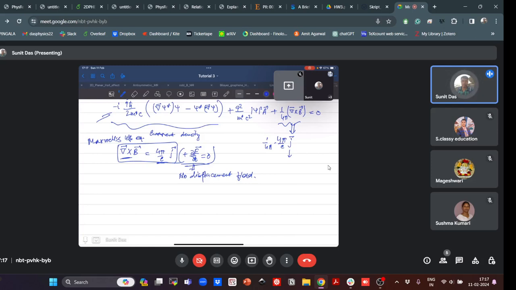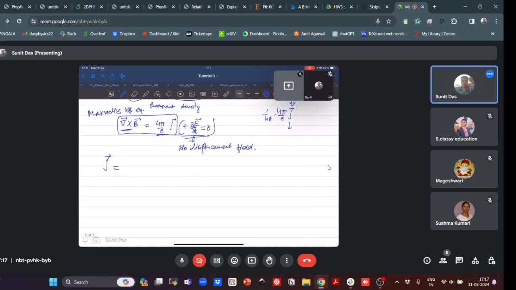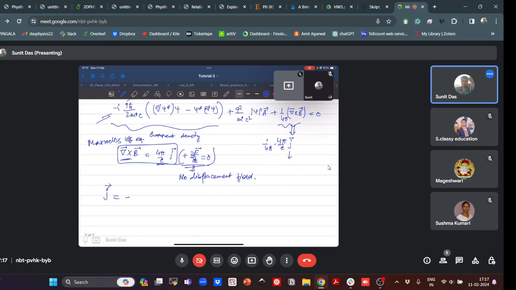So then we'll have the current density to be plus i q h bar by 2m star, c will be out, then psi grad psi star minus psi star grad psi, minus q square by, sorry, m star c mod psi square a.